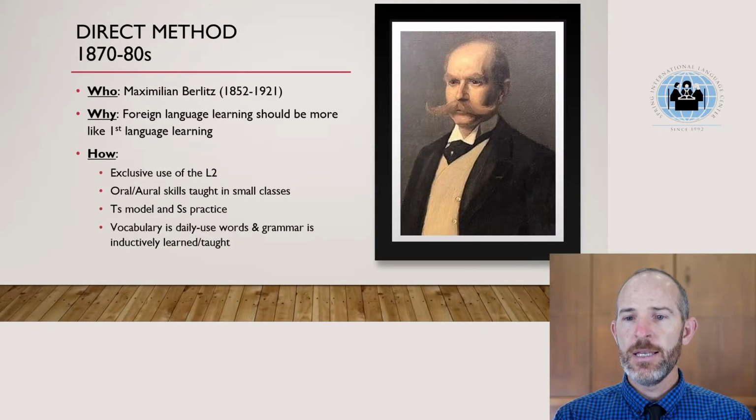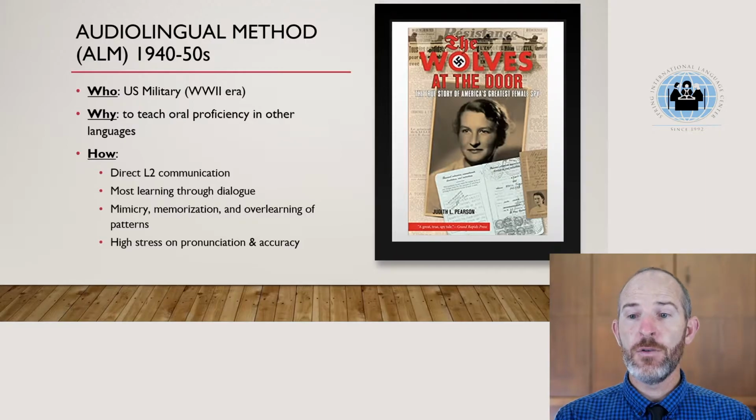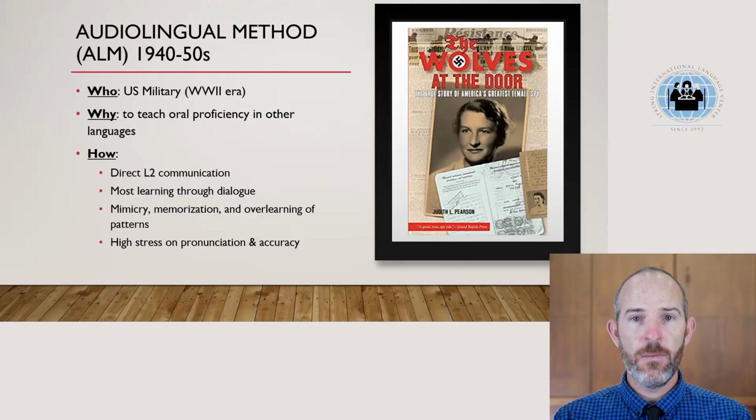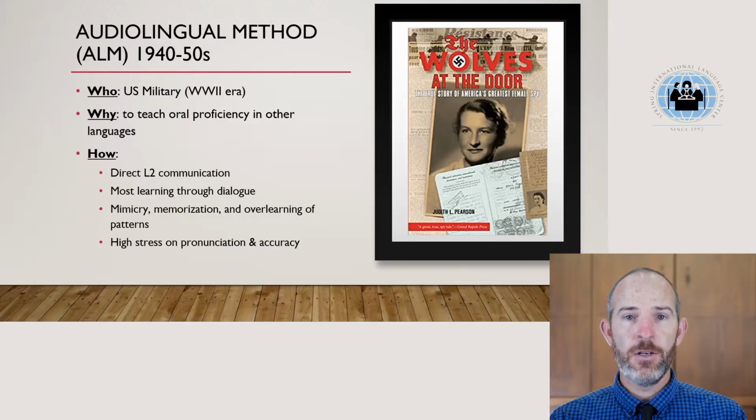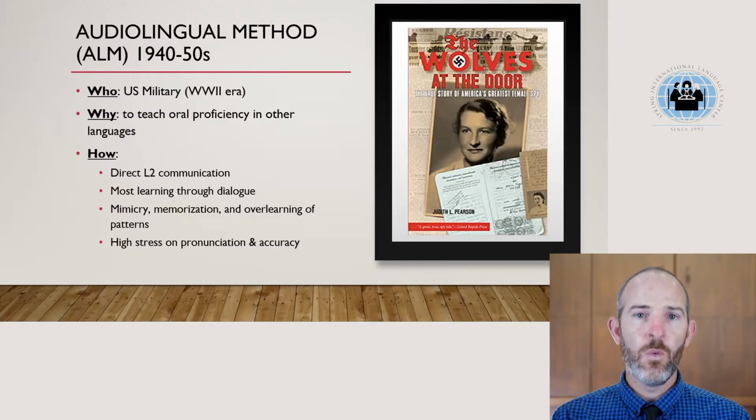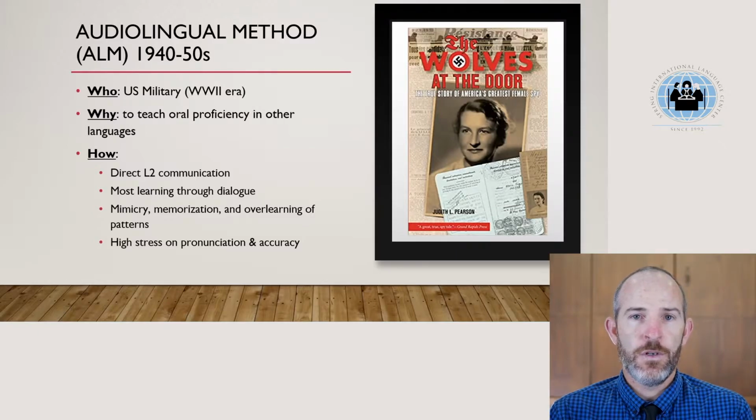Now, the second natural method is called the audiolingual method and is very similar to the direct method, but a little bit different. So a little bit later, in the mid-1900s, throughout the world, you have what is known to all of us as World War II.